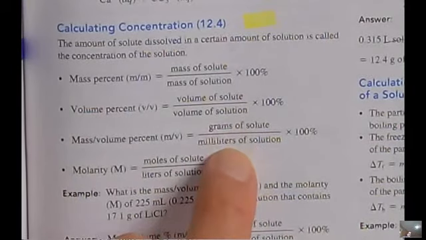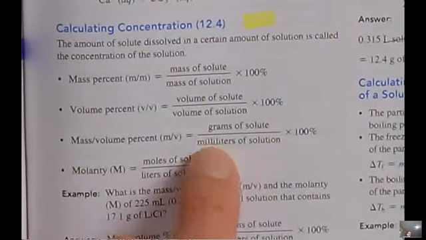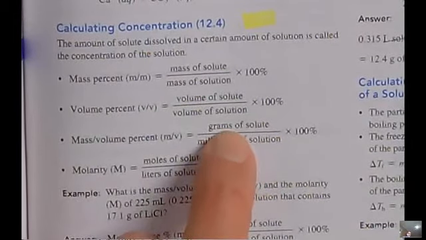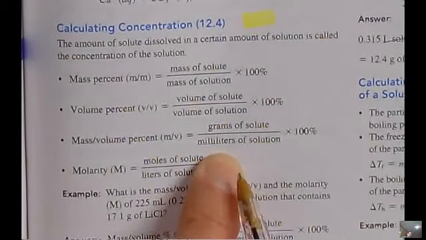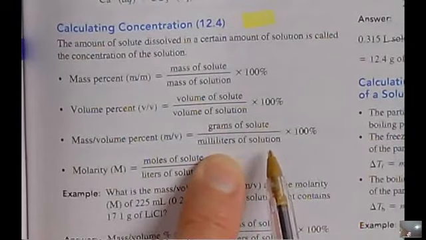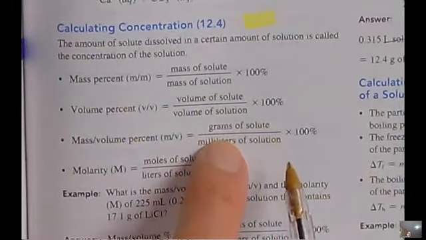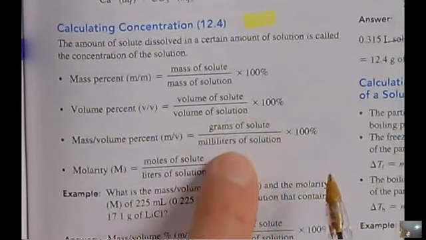So you put the volume in the denominator. Actually, you do it in milliliters. So if you took 5 grams and you put it in a total of 100 milliliters of solution, 5 divided by 100 times 100 would be 5%.